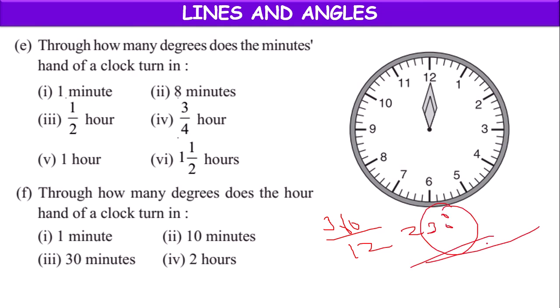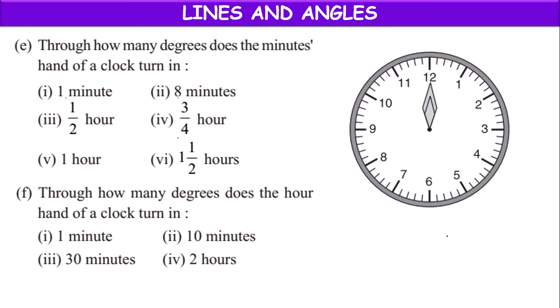So in 1 hour, the hour's hand makes a 30 degrees angle. So 1 hour means 60 minutes, it makes a 30 degrees angle.